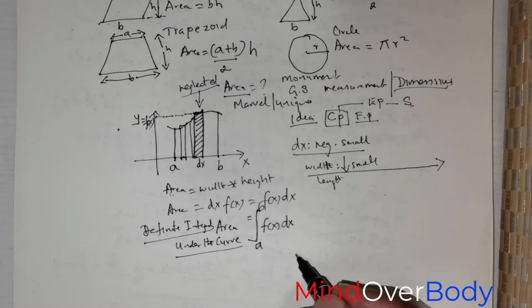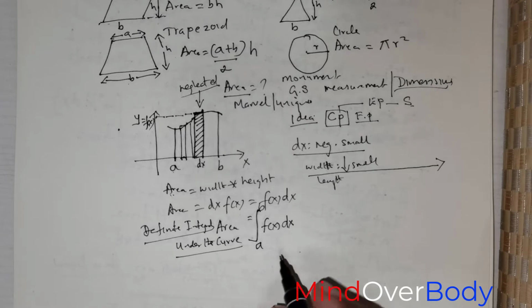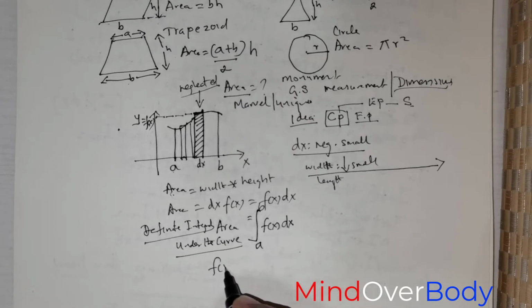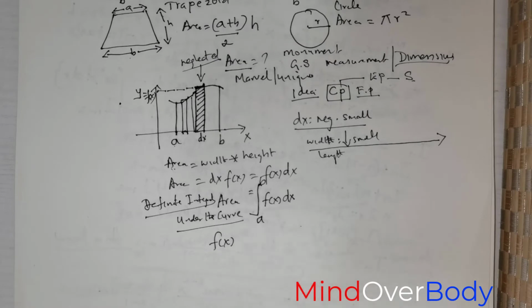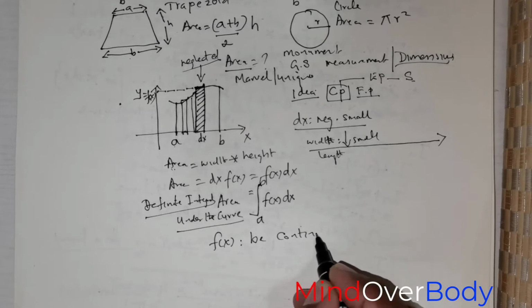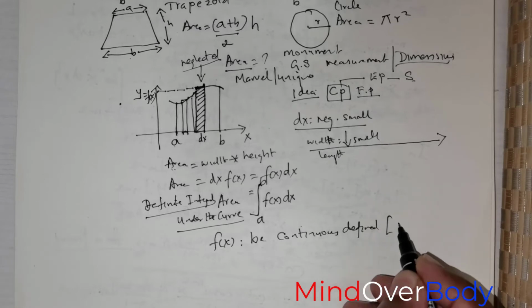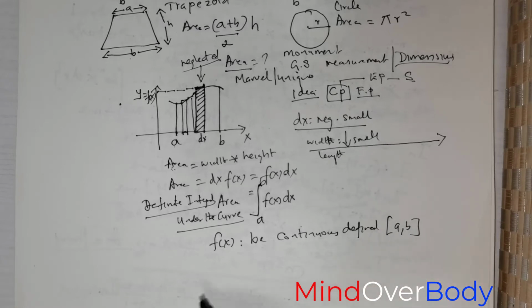So now we head on to understand the f of x that is seen here and how exactly we are going to evaluate this. So the evaluation is as follows. To define f of x, we need this particular criteria. F of x that we see here should be continuous and defined on a closed interval [a, b].